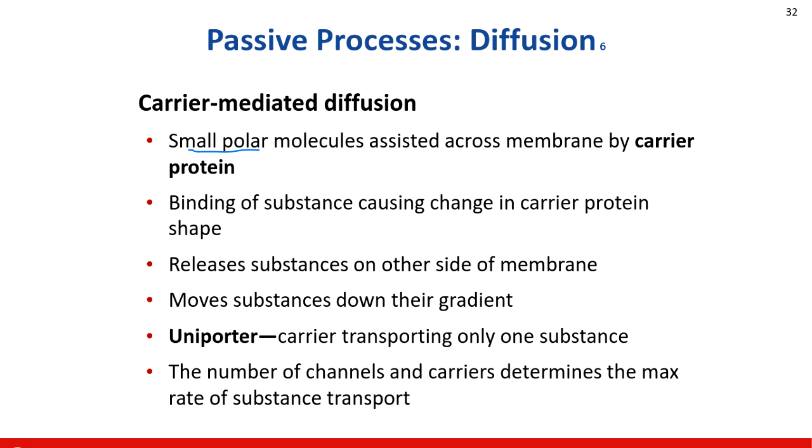Okay? So again, these substances are going to move down their concentration gradient, moving from an area of higher concentration to lower concentration. And so when this carrier moves only one substance, we call it a uniporter. Uni meaning one. Okay?